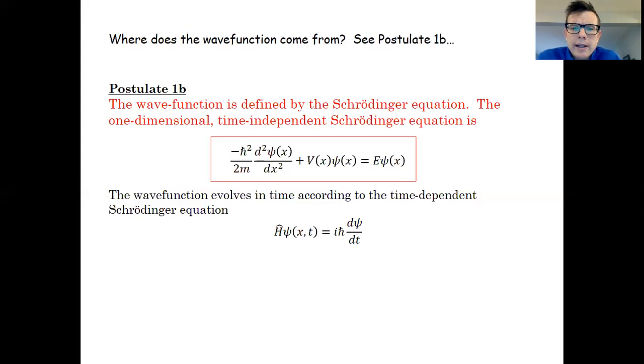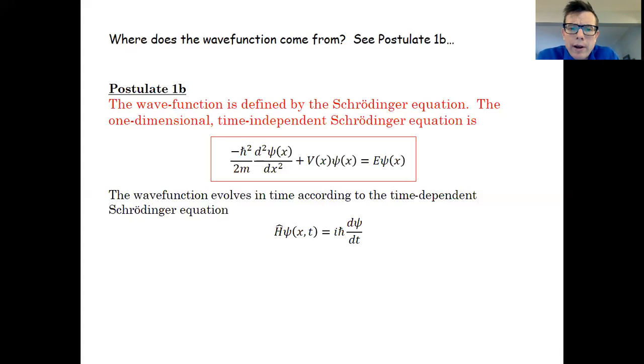If you're looking at this equation, it might look weird to you. I guess it is a differential equation, but it's also an eigenvalue problem. And we'll talk about exactly how you solve this. But you need to be aware of it.